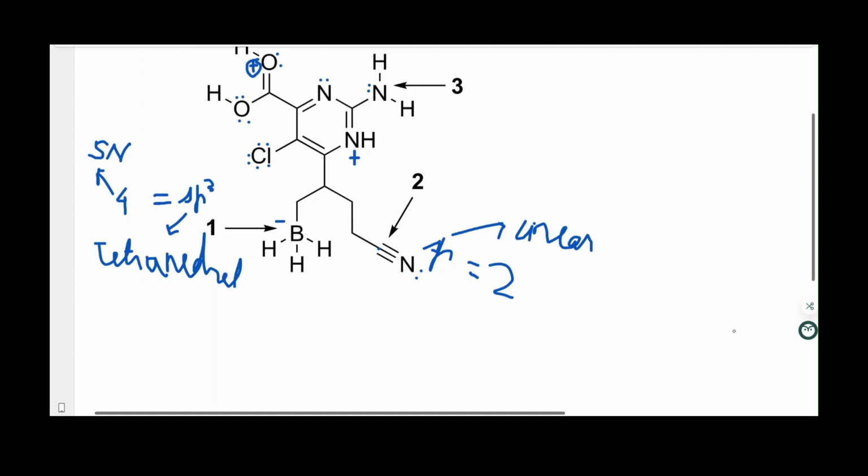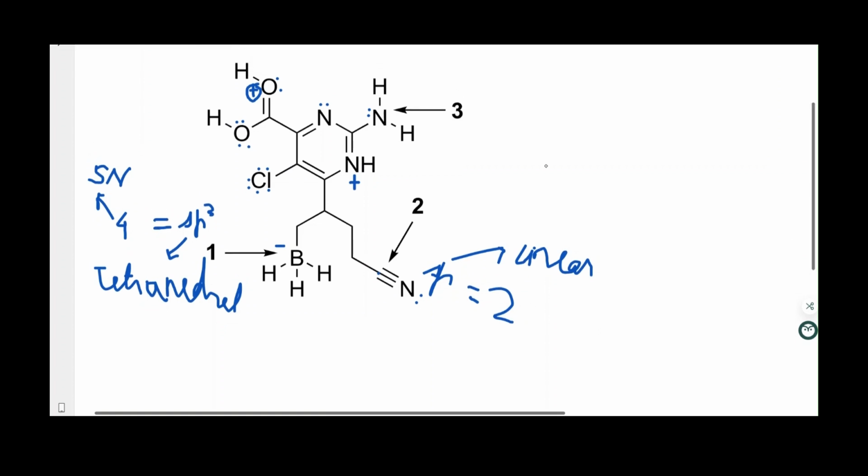And now coming on to number 3 over here, which is our nitrogen. Over here, we can see that the number of sigma bonds is 3, and this pi bond we're not going to count, and this lone pair we can see that it's allylic to this pi bond, right? Because it is allylic, that means it's actually a delocalized pair of electrons.